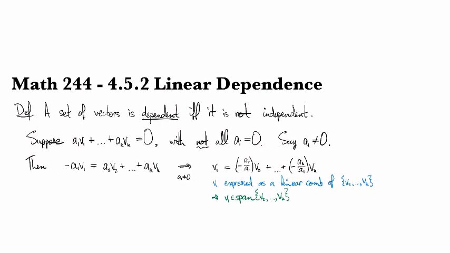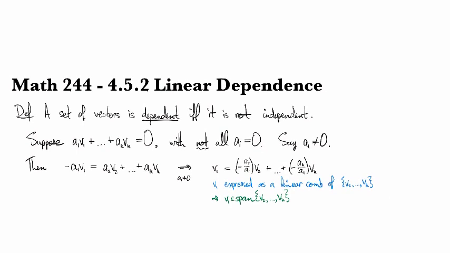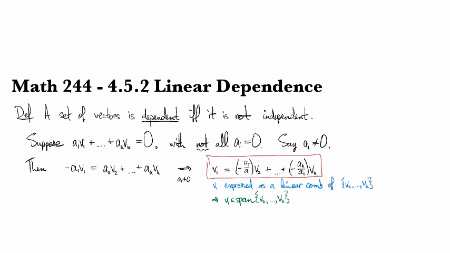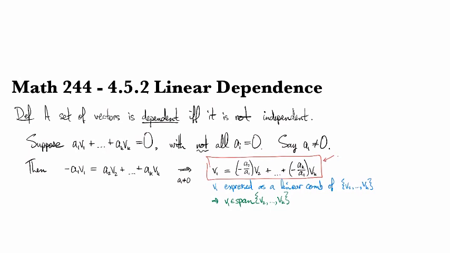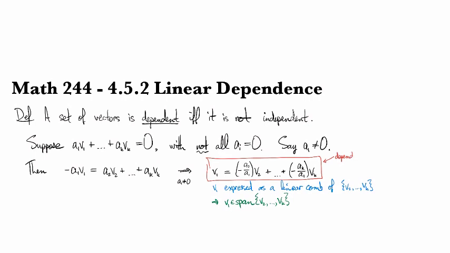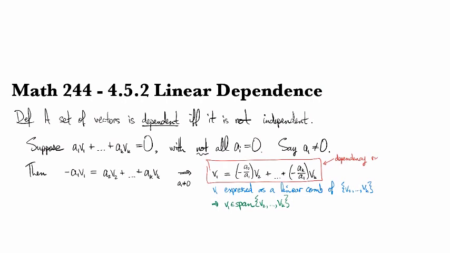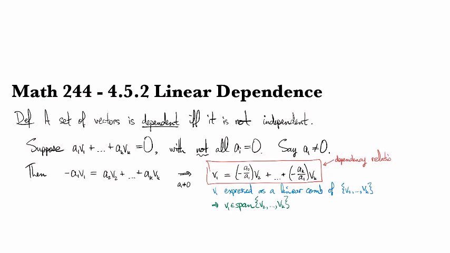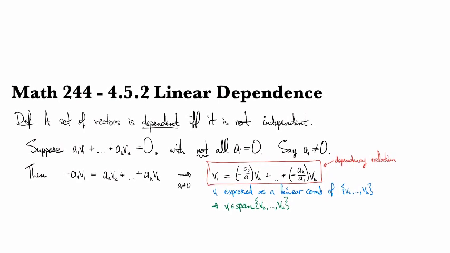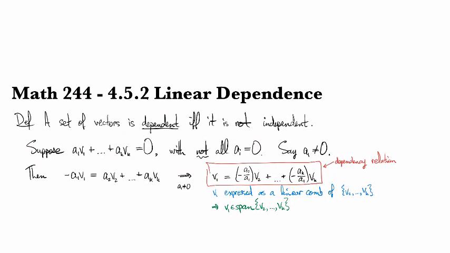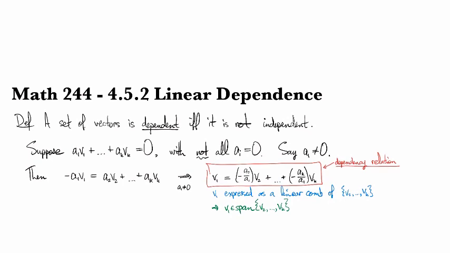Okay, so this expression right here is what we would call a dependency relation. It shows that v1 depends on the other vi's. So that's a dependency relation.